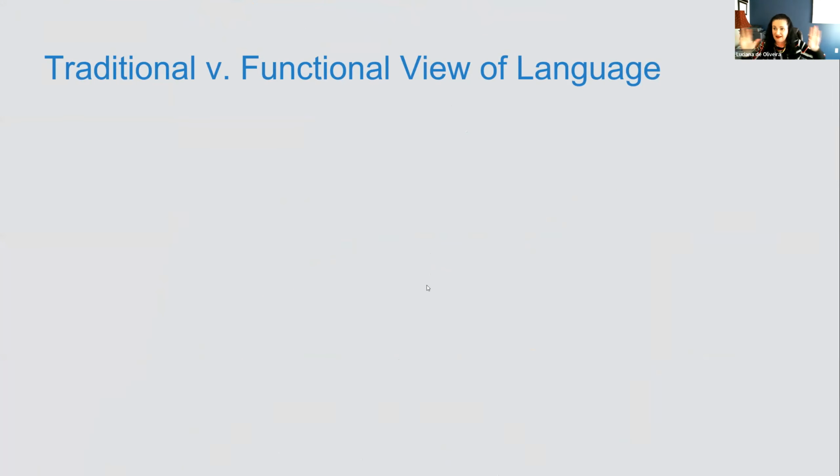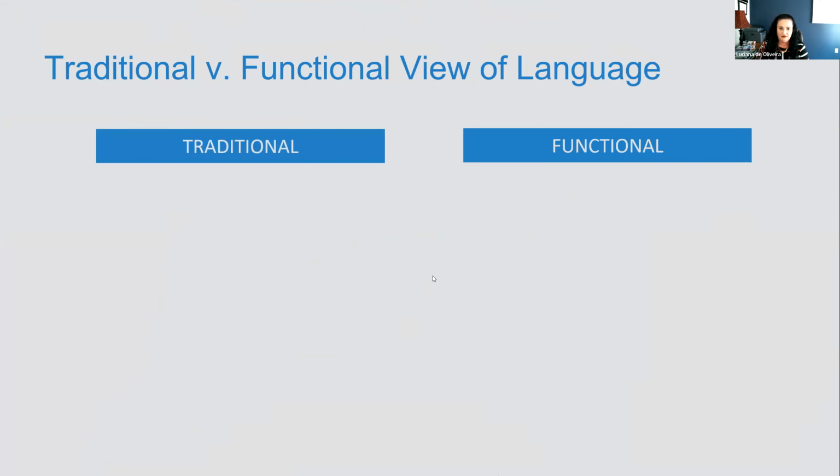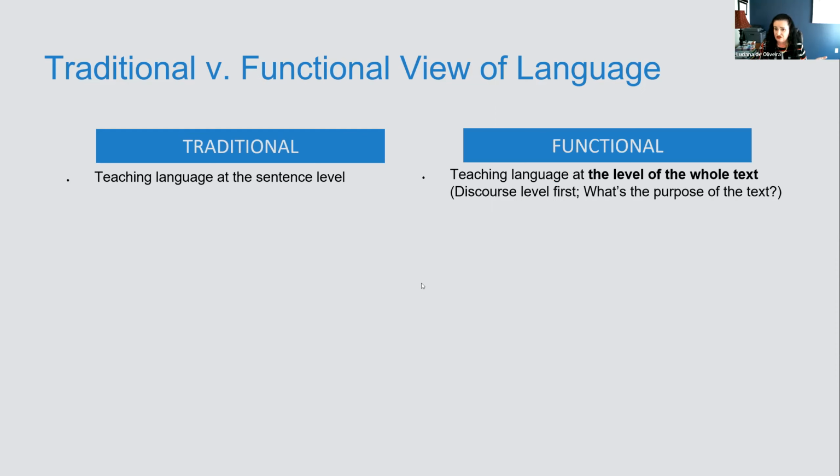So let's compare a more traditional versus a functional view of language. With traditional, we used to teach language at the sentence level. With functional, we teach language at the level of the whole text. So thinking about discourse level first, asking questions such as, what is the purpose of the text?